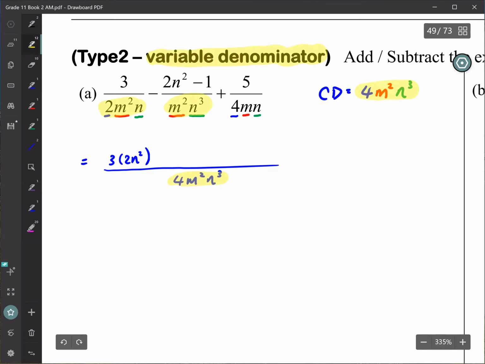For the second one, what do we need to multiply to make it the same, Sarah? Actually, just 4.